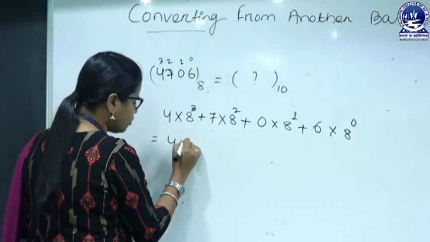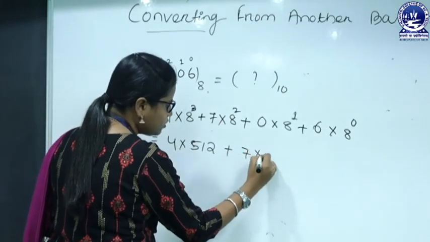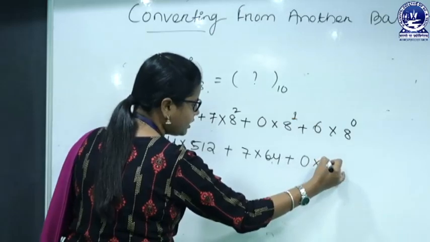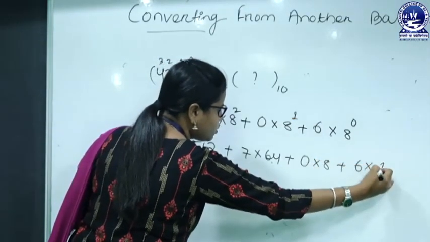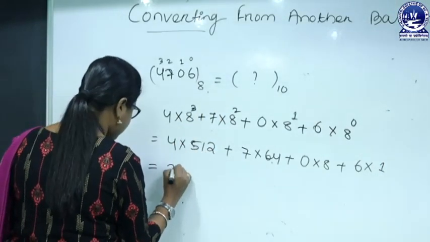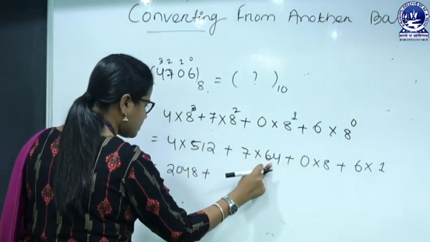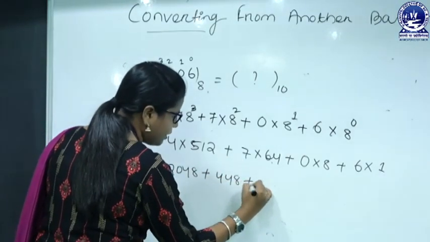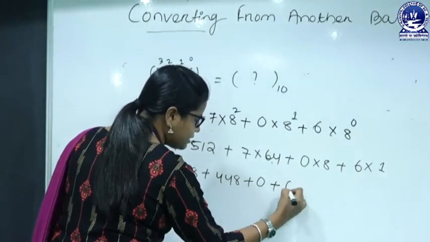So 4 into 8 to the power 3, that is 512, plus 7 into 64, plus 0 into 8 to the power 1, that is 8, plus 6 into 8 to the power 0, that is 1. So next, 4 into 512 is 2048, plus 7 into 64 is 448, plus 0 into 8 is 0, plus 6 into 1 is 6.